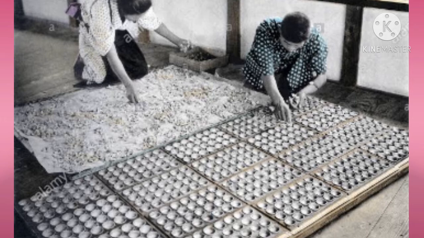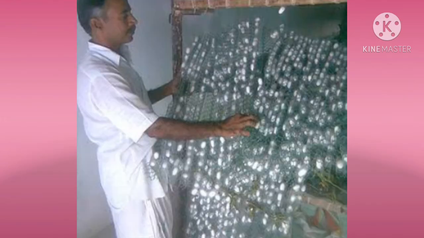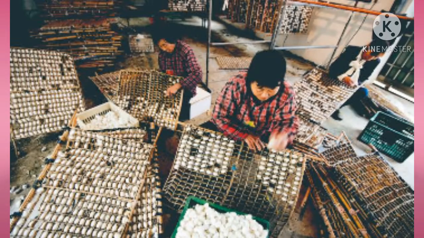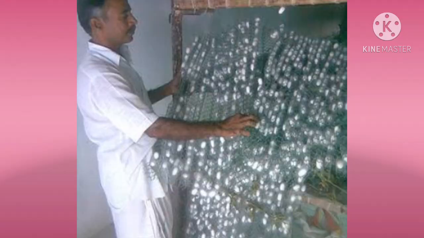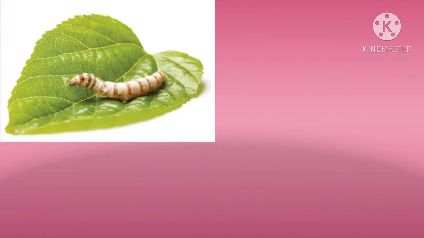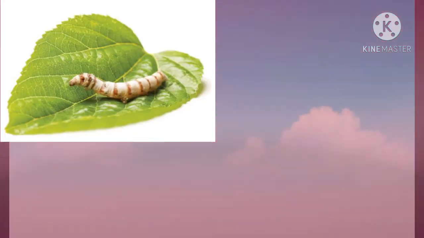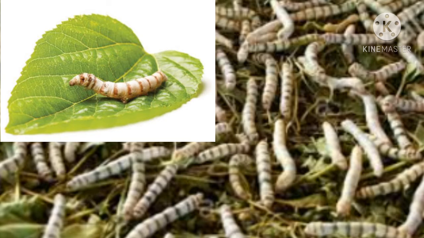The farmers keep eggs under hygienic conditions and under suitable conditions of temperature and humidity. The eggs are warmed to a suitable temperature for the larvae to hatch from eggs. This is done when mulberry trees bear a fresh crop of leaves.